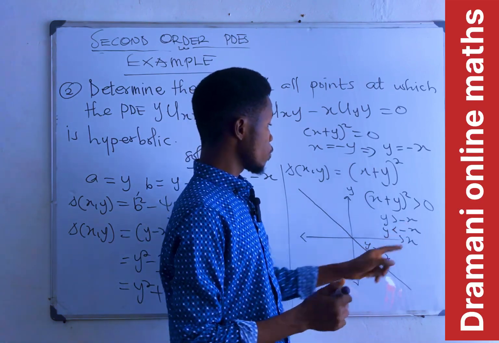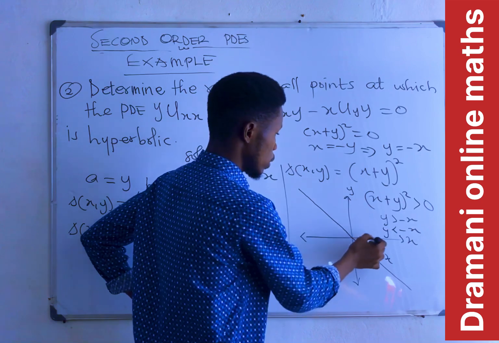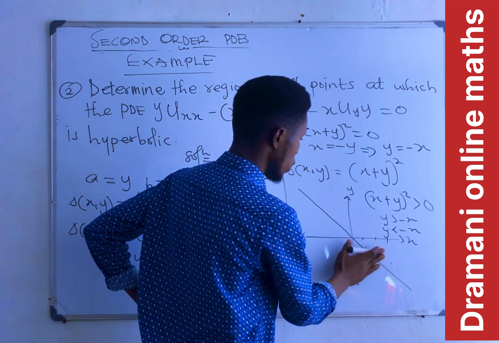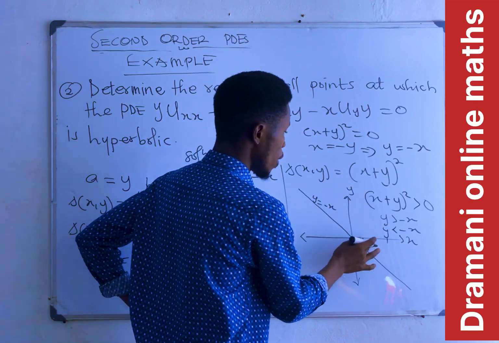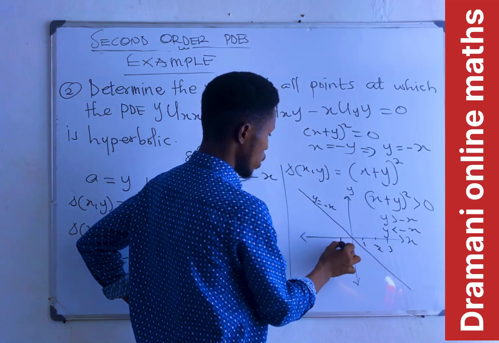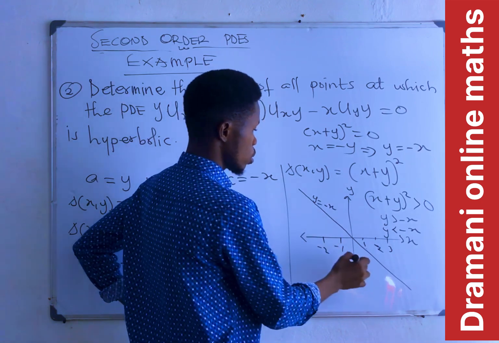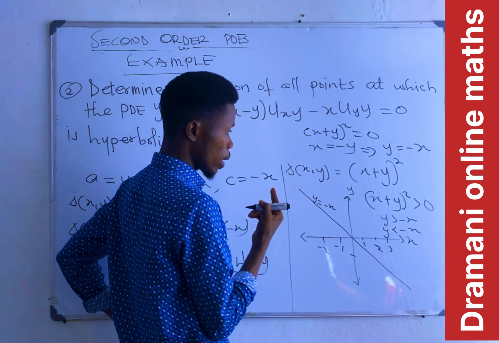If I pick 1, 2, 3, then negative 1, negative 2 on the y side. Let's test whether what you are saying is true.